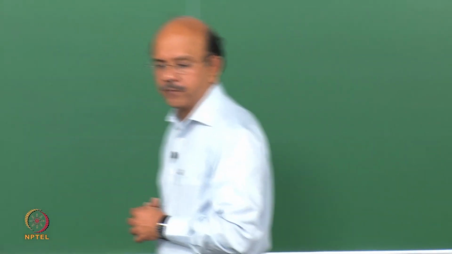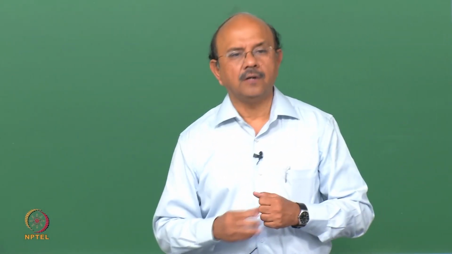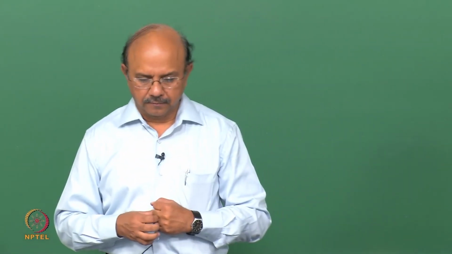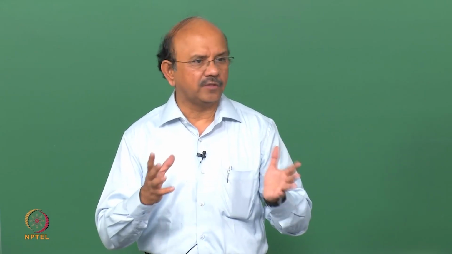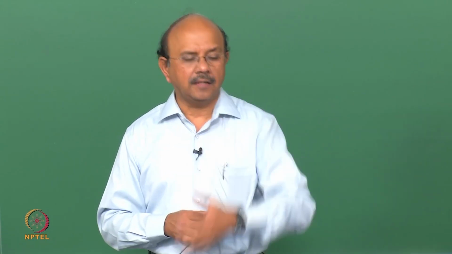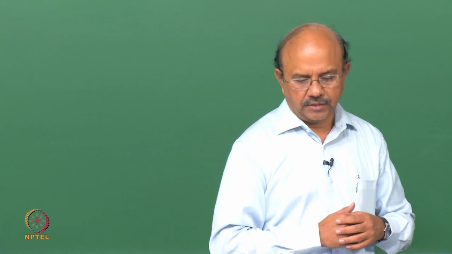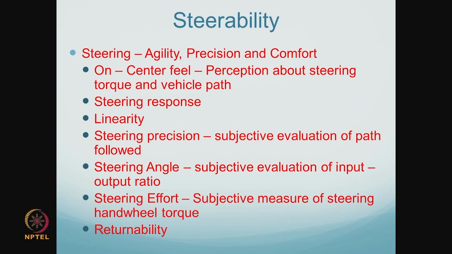We had already seen on-center feel. We had seen steering response. You remember that we talked about the time delay and so on. And then we had talked about steering linearity, how linear or non-linear the input is as the path changes.